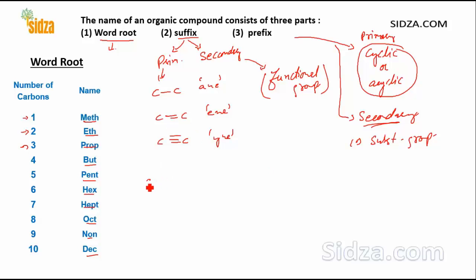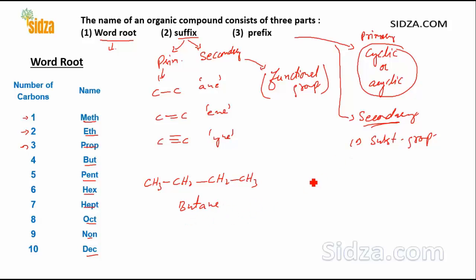Suppose I have a molecule like this: CH3, CH2, single bond, CH2, and here the CH3. For this molecule, we find there are 4 carbon atoms, so the word root will be but. Then there are single bonds only, so the term will be ane. So the name for this molecule is butane.